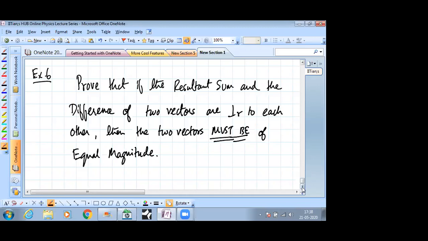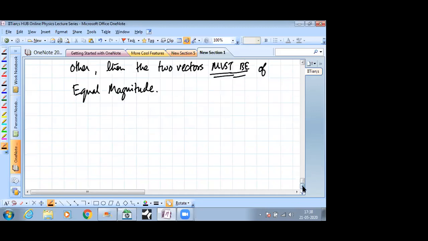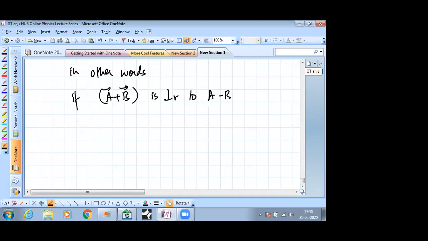Okay. So let us convert this statement to vector notation. So in other words, what it's saying is that if A plus B is perpendicular to A minus B, okay, then magnitude of A must be equal to magnitude of B. Then it implies that the magnitude of A equals the magnitude of B, so this thing implies this.